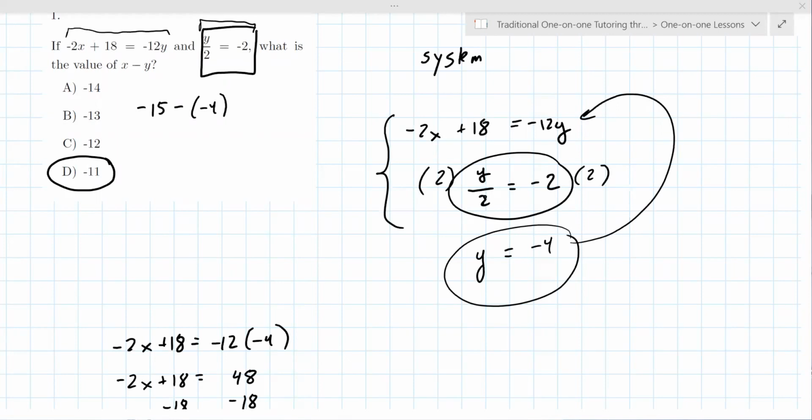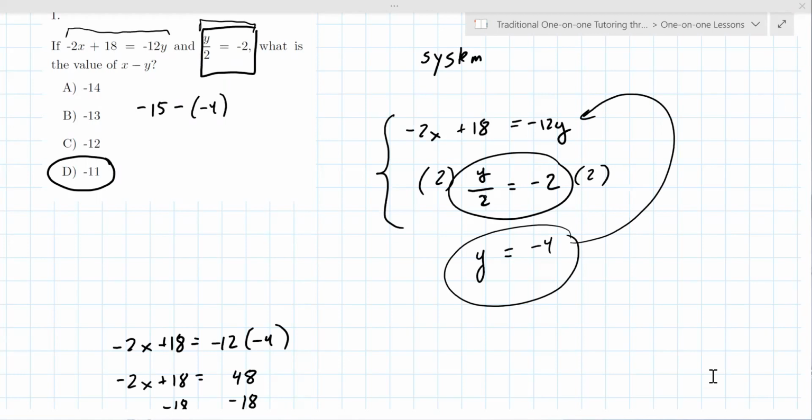So they truly are giving you a system, but one of the equations is easier than the other. But you have to realize, okay, it's not just about solving the system. I've got to take the answers from the system and then do something with them. And that's the challenge of these questions: there's always a synthesis of concepts.